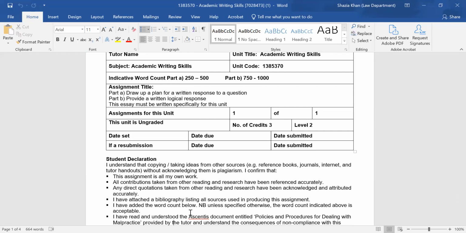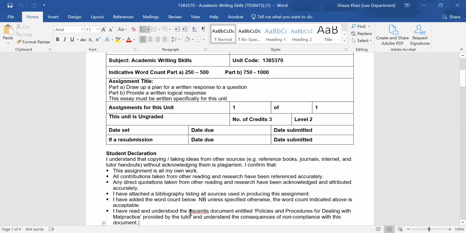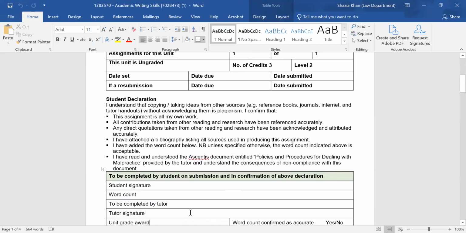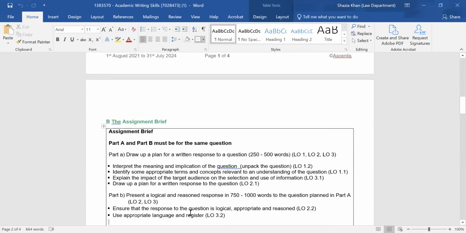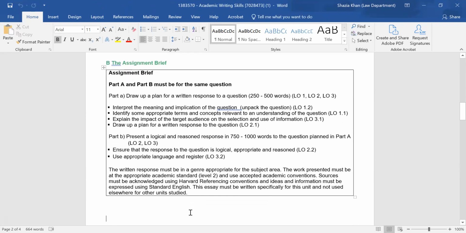Part B is to provide a written logical response. This essay must be specifically for this unit, Academic Writing Skills, code 1385370. And this is a student declaration that you need to complete when you're doing it. Here is the assignment brief.